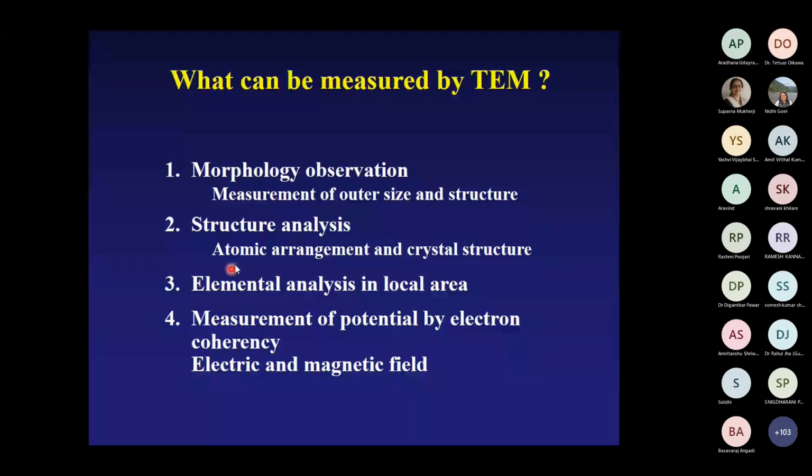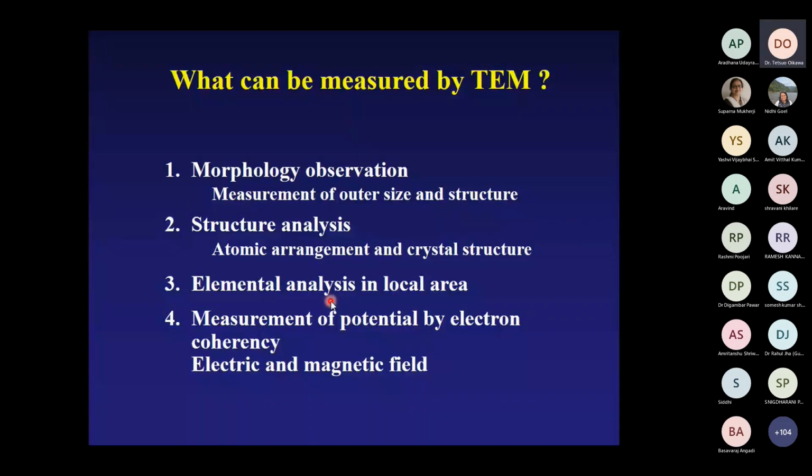And also, owing to the higher coherency of the electron wave, we can measure the potential of the electron, such as the volume potential or electrostatic potential, or magnetic flux, the magnetic potential, if the sample is magnetic. We can measure this kind of potential by coherent electron waves.